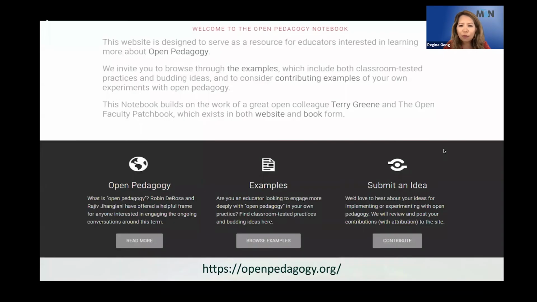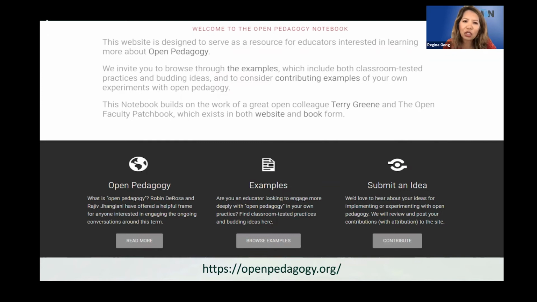And then we also use a lot of examples from the Open Pedagogy Notebook, which was started by Robin DeRosa and Rajiv Jhangiani. I'm sure a lot of you probably know about this site.